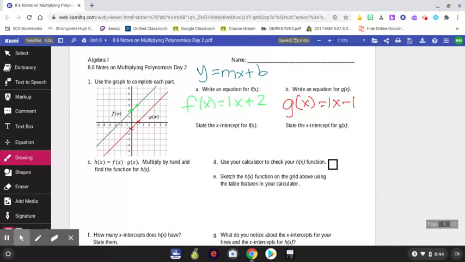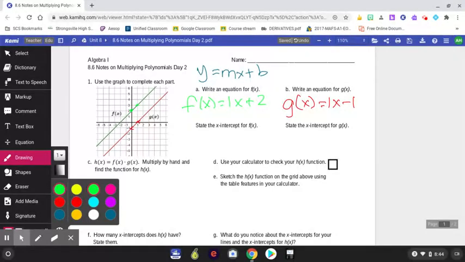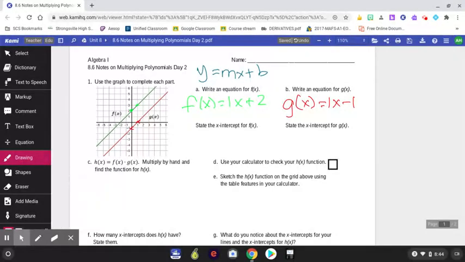It says state the x-intercept for f of x. I'm going to go back to my f of x graph, and an x-intercept is where I cross the x-axis, just like a y-intercept is where I cross the y-axis, okay? I'm looking for the x-intercept of the f function, and that would be this right here.